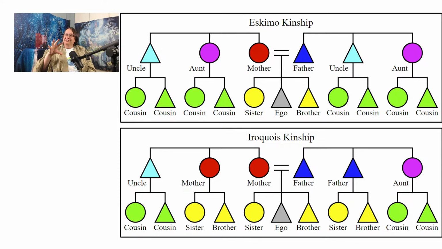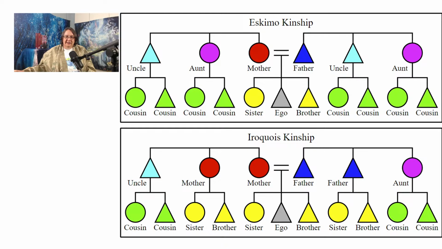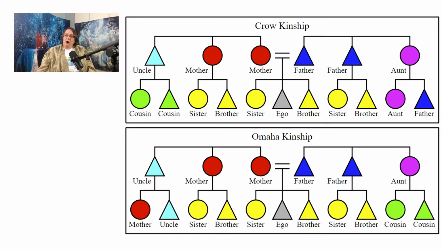So it's a very interesting setup around the male side and the female side, which I thought was a fascinating kinship model. And then the Crow kinship model is basically the same as the Iroquois, except that if we go back there, you'll see that everything on the Iroquois side is cousins, but on the Crow side, you have an aunt and a father that come out of your father's sister.